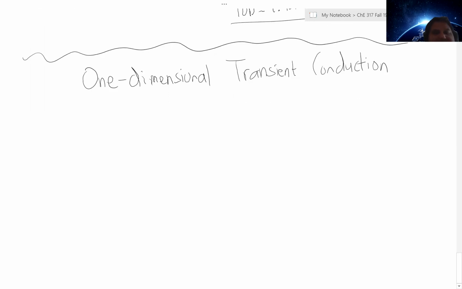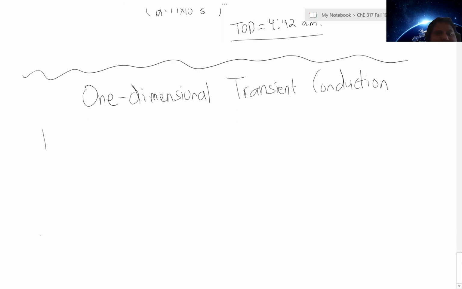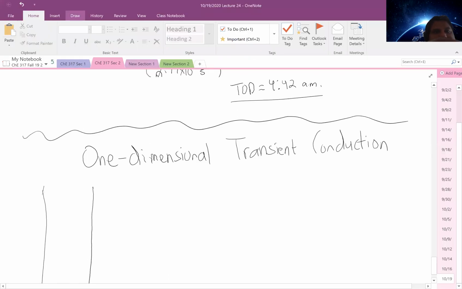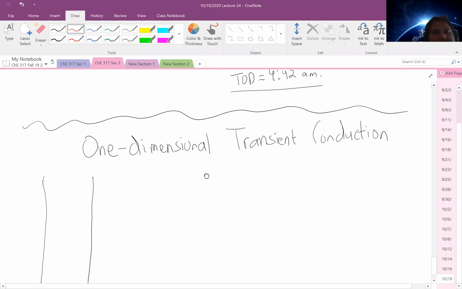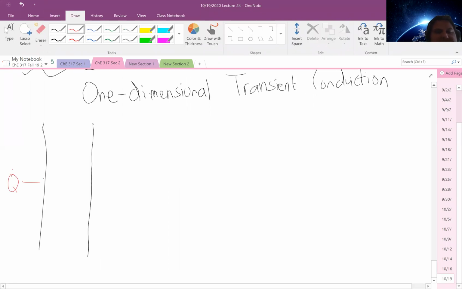And for this, let's say I have a system, like a cylinder or a slab or something, and it's initially at some temperature, but it's being heated such that I have heat coming into my system on both sides.